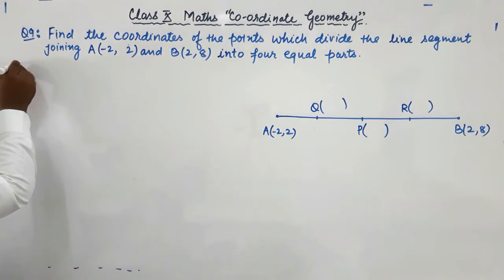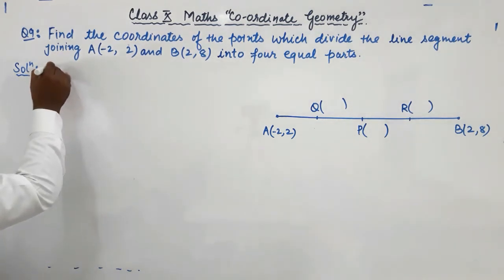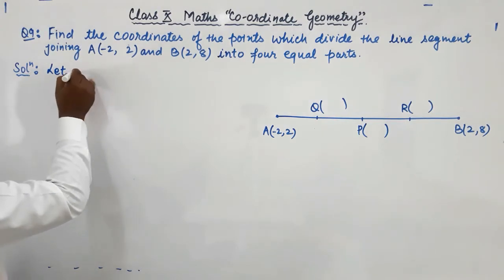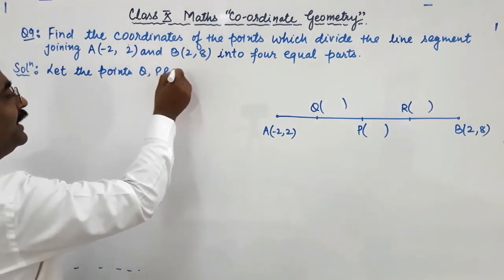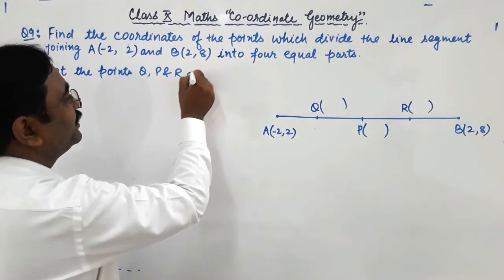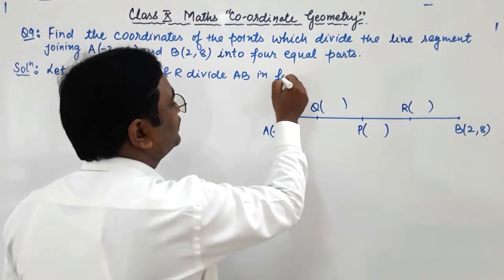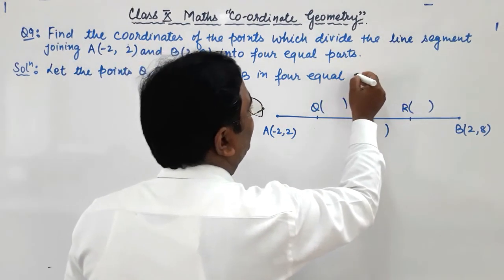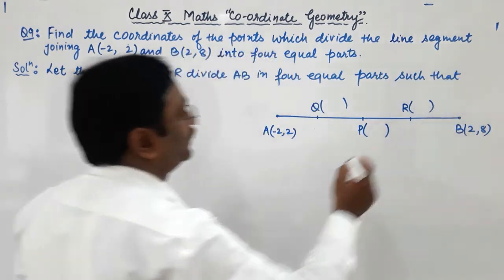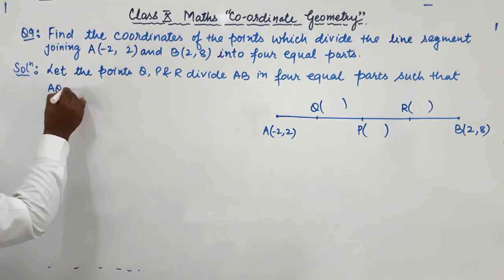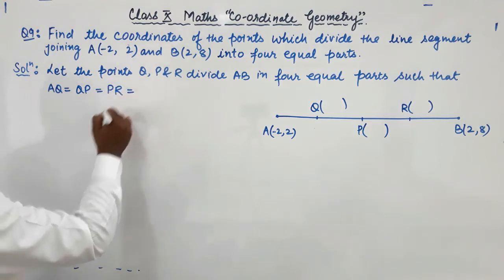So let the points Q, P and R divide line segment AB in 4 equal parts such that AQ equals QP equals PR equals RB.